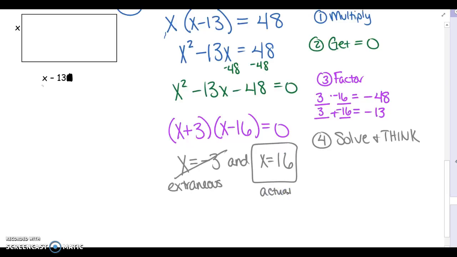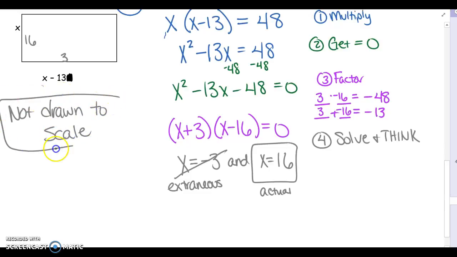This rectangle is going to have the dimensions 16, and then what is 16 minus 13? 3. So 16 and 3 are going to be the dimensions of this rectangle. It's obviously not drawn to scale.